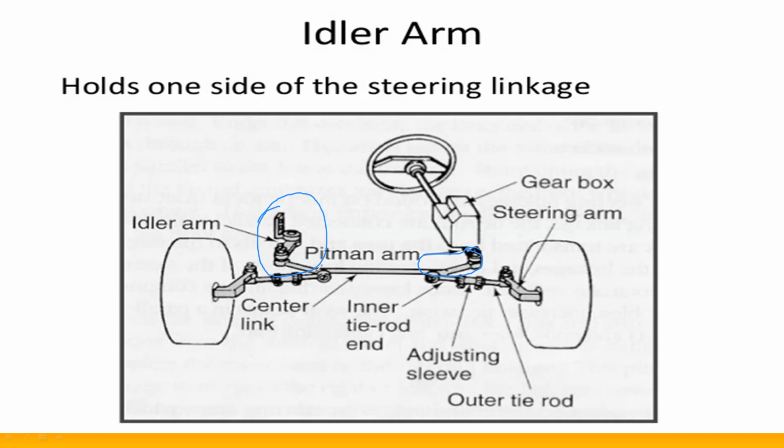The idler arm supports the pitman arm to move the wheels in the correct angular motion. So that is the main purpose of the idler arm in automobile vehicles.